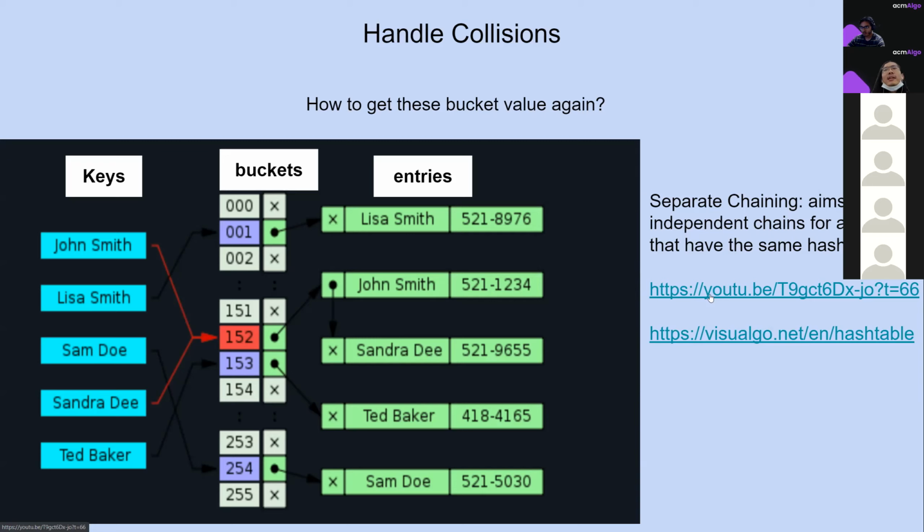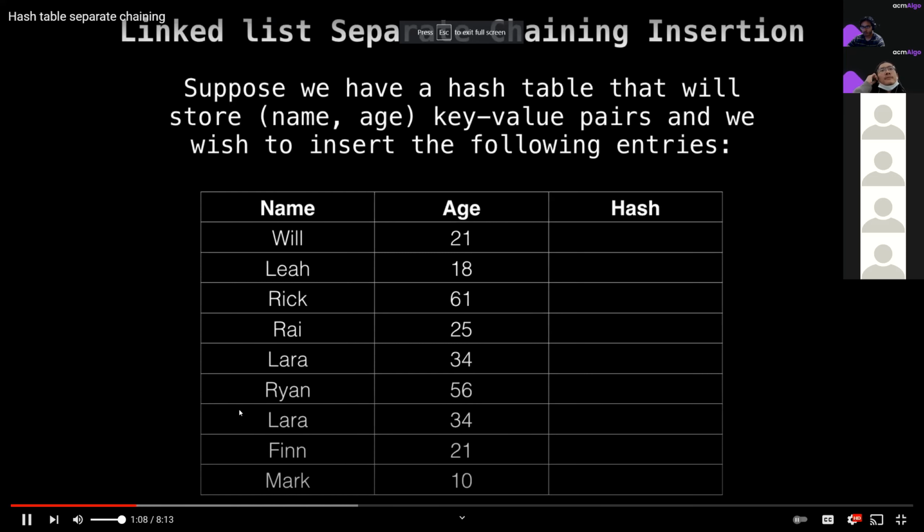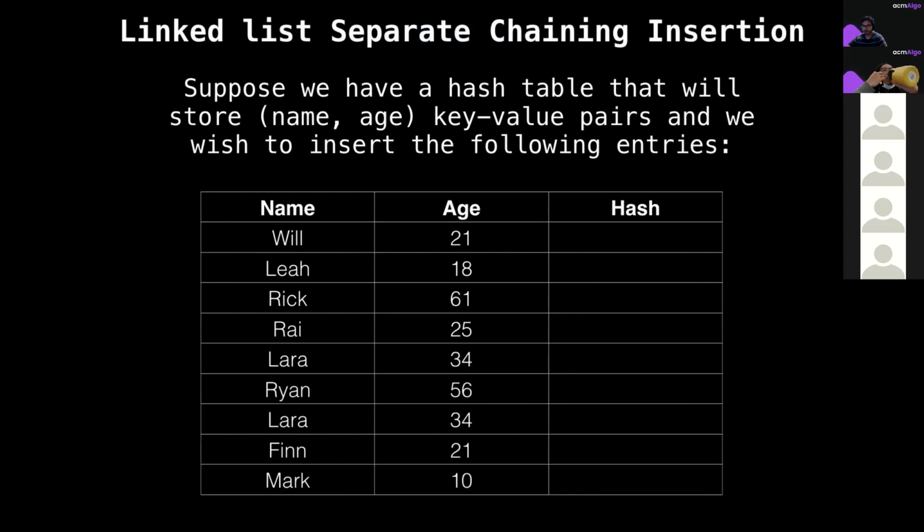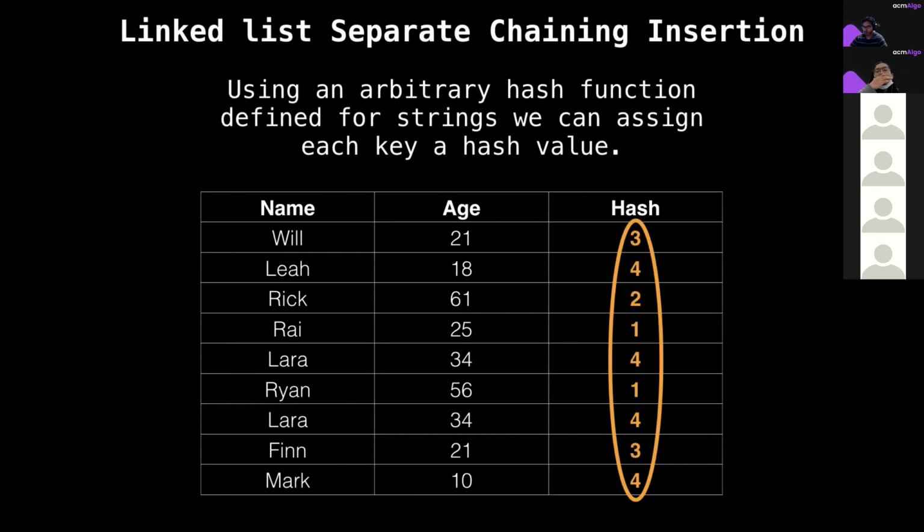Okay, so suppose we have the following hash table, which is just a fancy name for an array of key value pairs of ages and names. And we associate an arbitrary hash value that has been computed with some hash function. So those are our hash values.